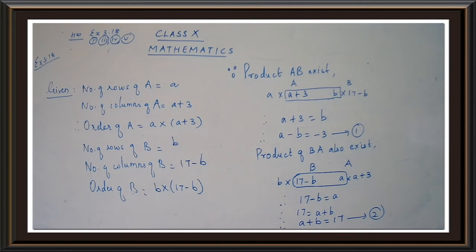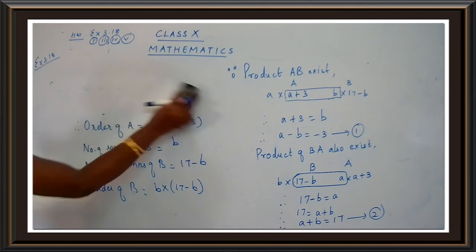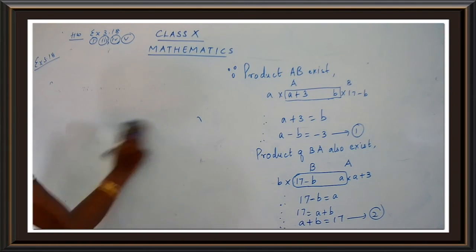Okay, so now we are going to use these 2 equations. That is, we have derived 2 new equations. A minus B is equal to minus 3 and A plus B is equal to 17. So we are going to use these 2 and we are going to find out the unknown value. Let's start with the work. Come on. So write down here.